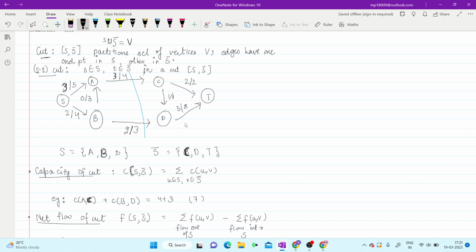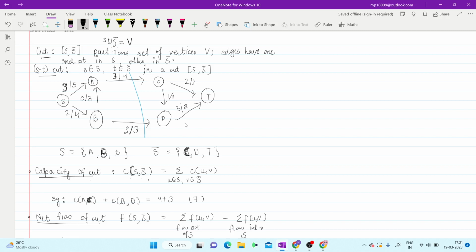So what is the capacity of a cut? The capacity of a cut, which we denote by C of S, S bar, is the sum of the capacities over edges UV, directed edges whose first vertex is in S and the second vertex is in S bar.